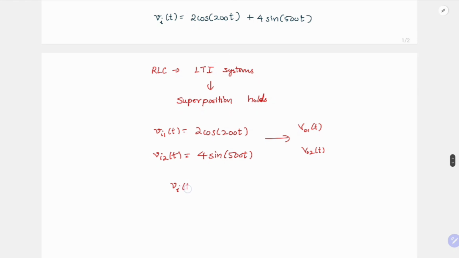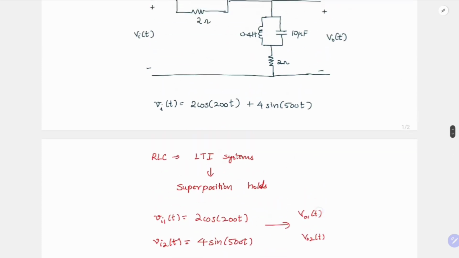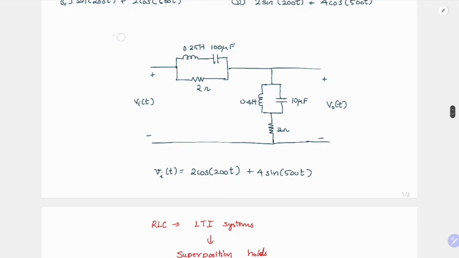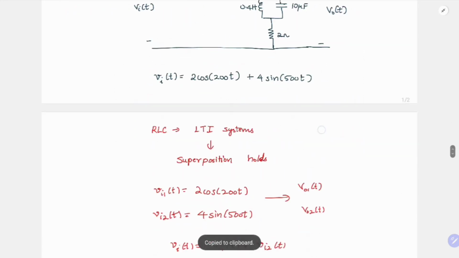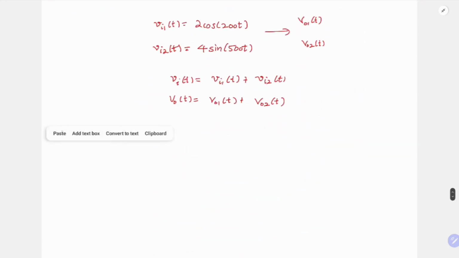So my input Vi of t is Vi1 of t plus Vi2 of t, and my output V of t is going to be V01 of t plus V02 of t. Okay, so first let us solve for the case of Vi1.